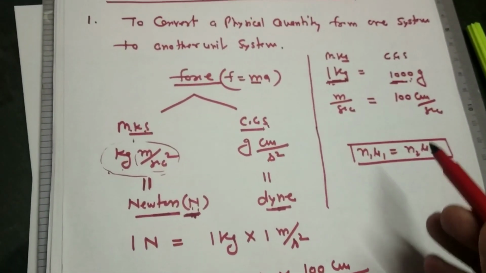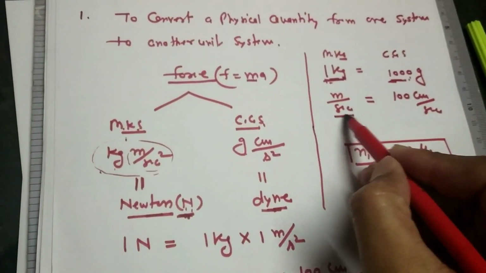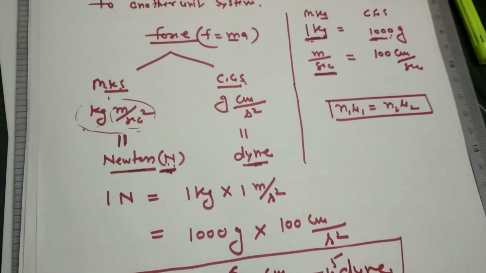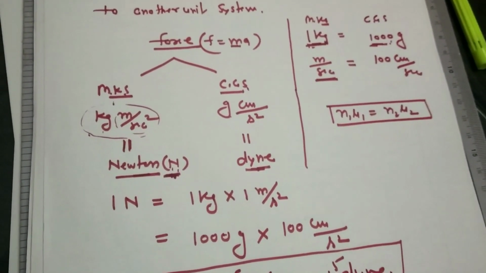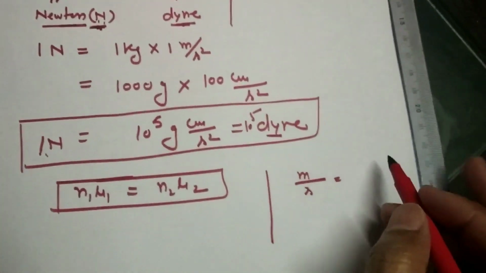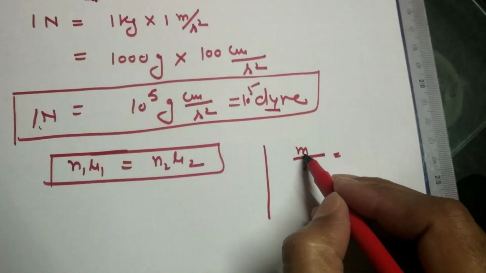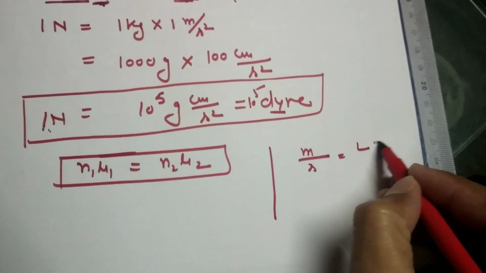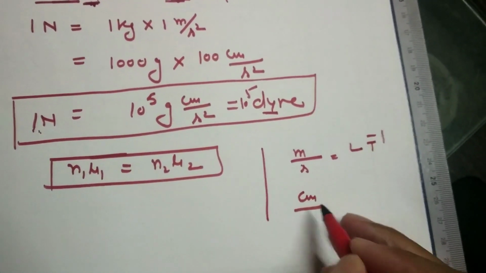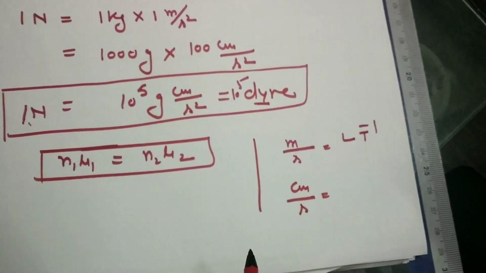For example, the speed unit. The MKS unit of speed is meter per second. What is the dimension formula? Meter is L, and T minus 1. Same when we take the unit in CGS, centimeter per second.